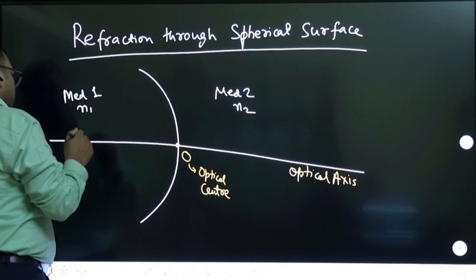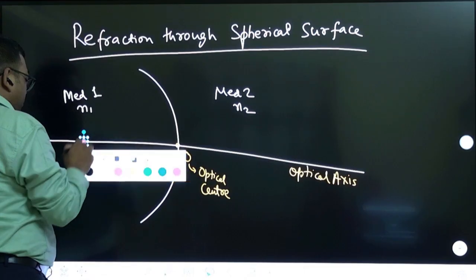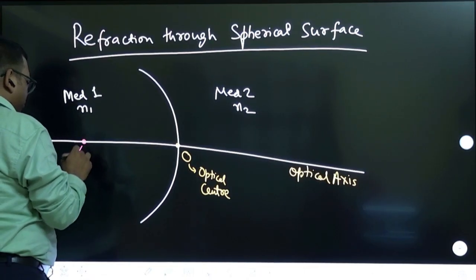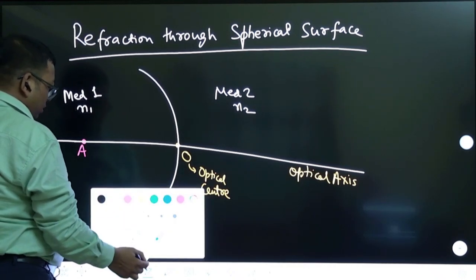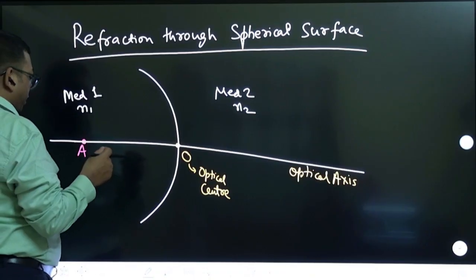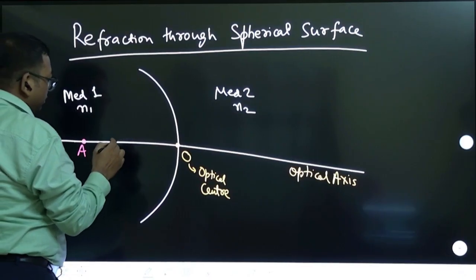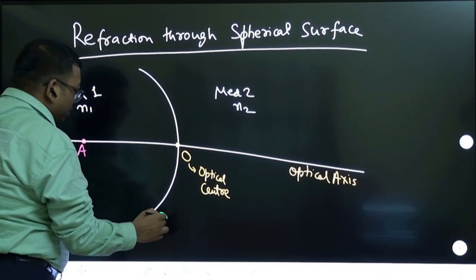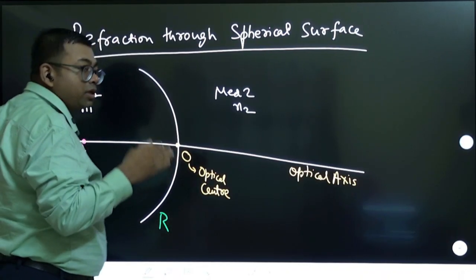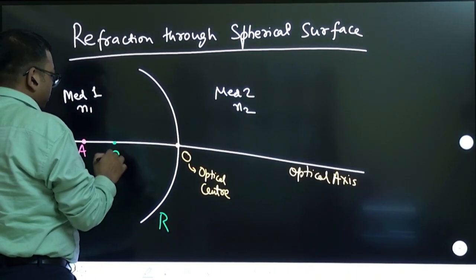Suppose I take the object on the optical axis, and call it object A. We need to define a center, because we need to drop a normal. Let r be the radius of curvature, and suppose the center of this surface is somewhere here, C.